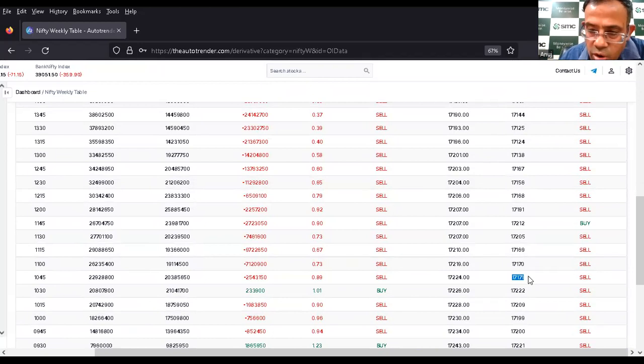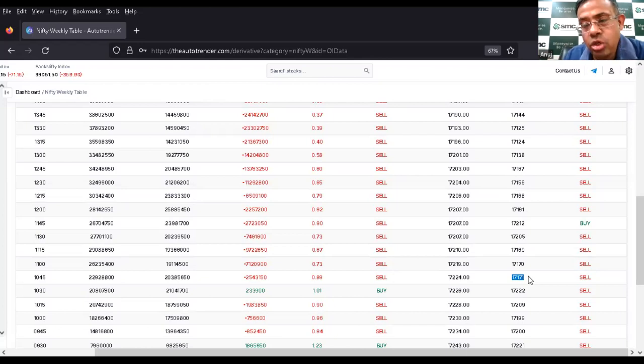So remember this thing: if you are trading on Friday, Monday and Tuesday, you have the liberty to take either one at the money option, or in the money option, one strike price higher and one strike price lower.